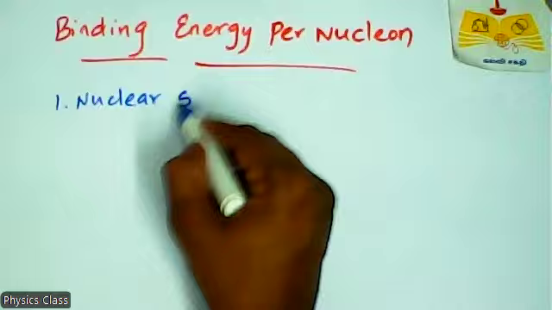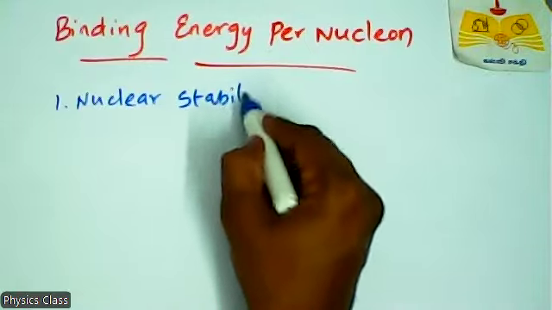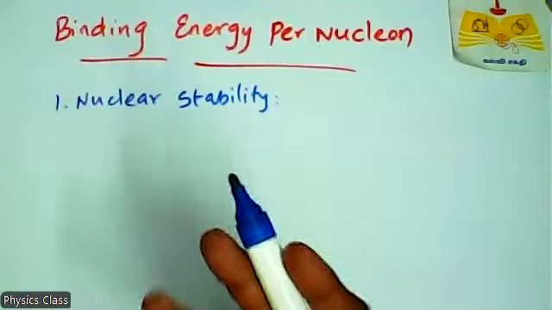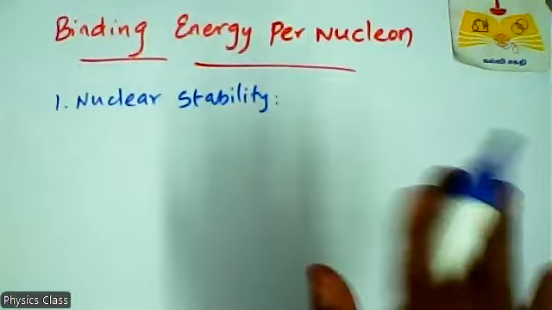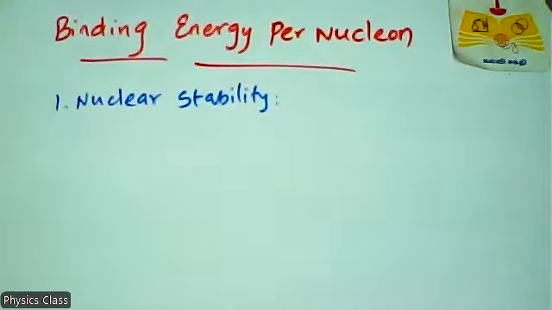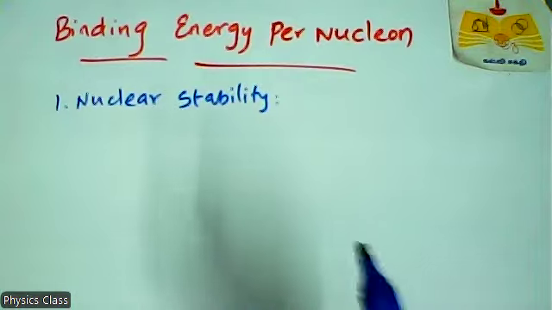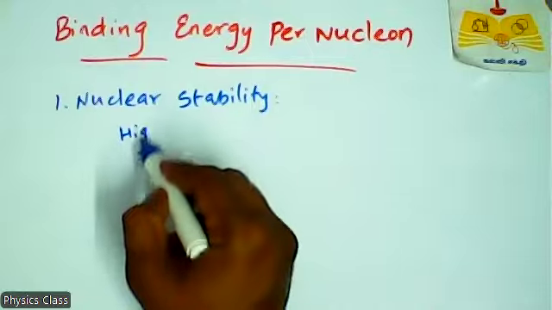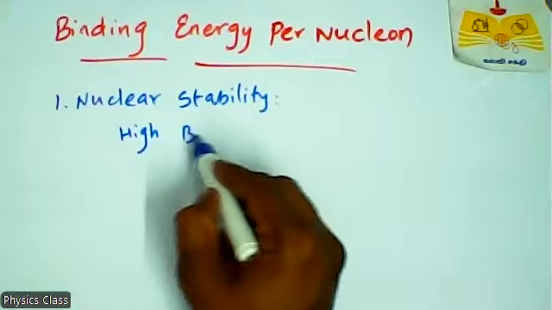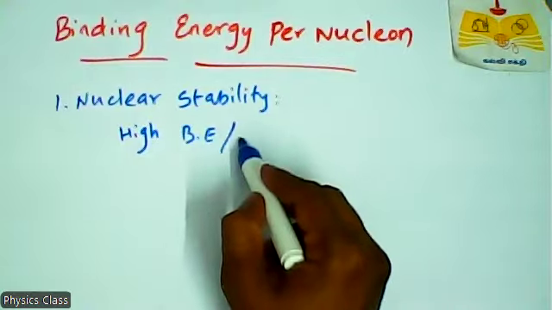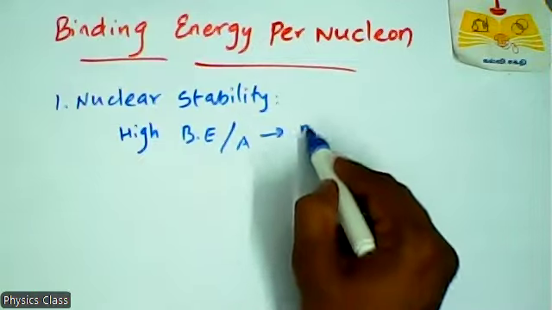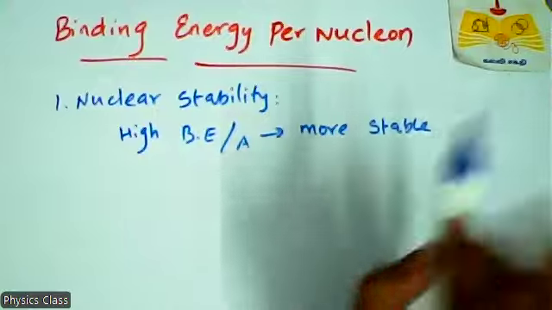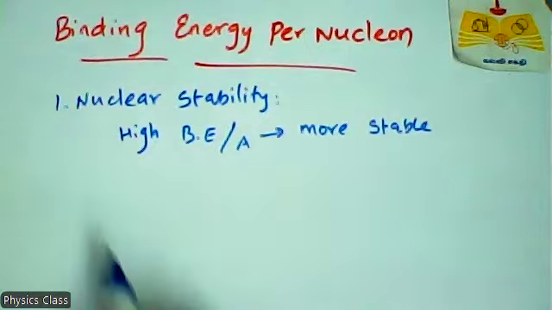Nuclei with high binding energy per nucleon are most stable. That's why iron is considered the most stable element. So high binding energy per nucleon, most stable.